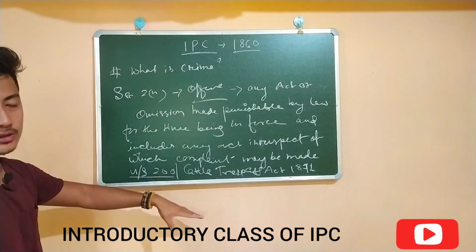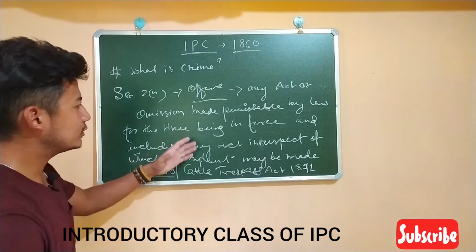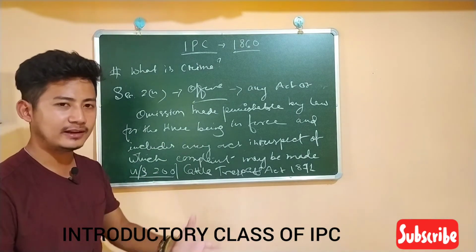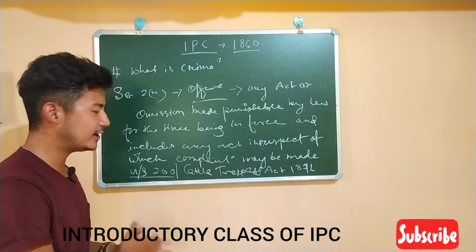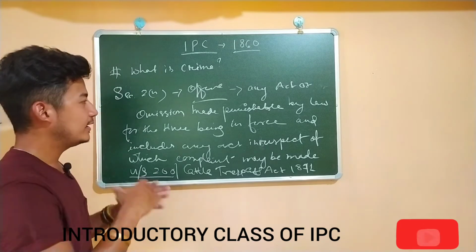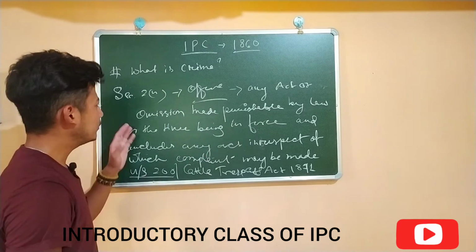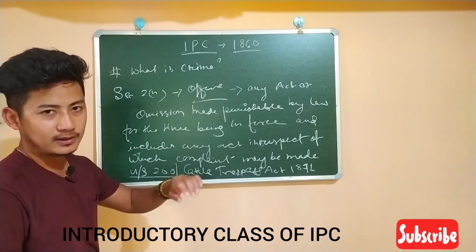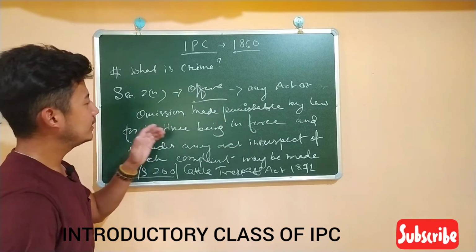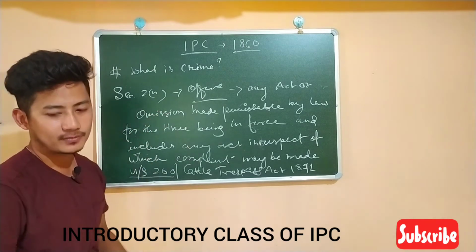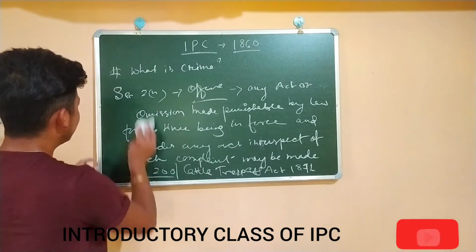It does not only talk about the IPC, but about all acts which have already been created or will be created in future, and those acts which the legislature makes punishable by law will be counted as an offense. All right, so this is what crime means.